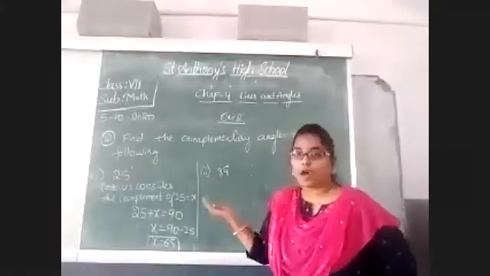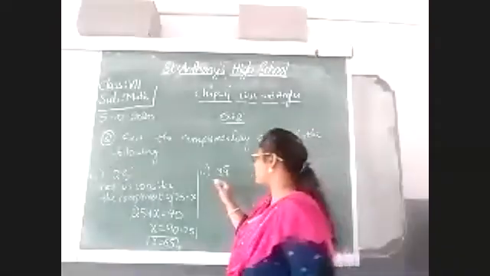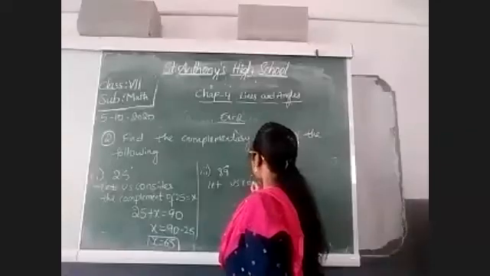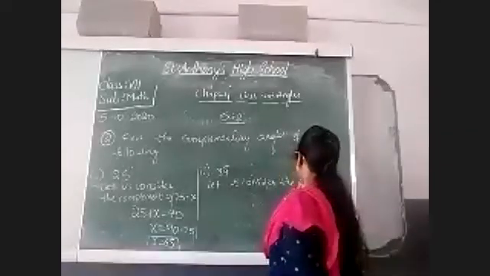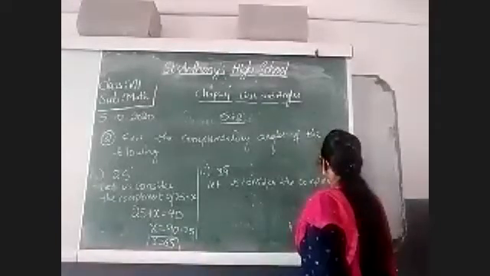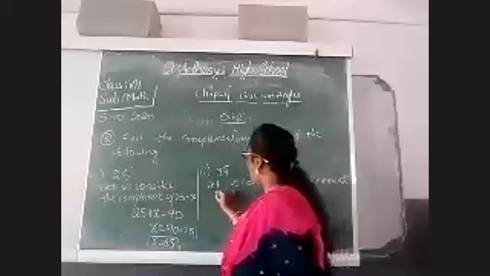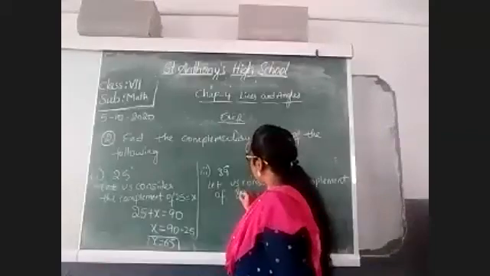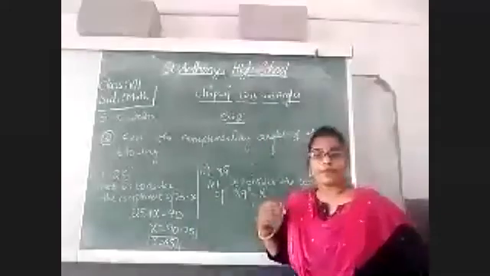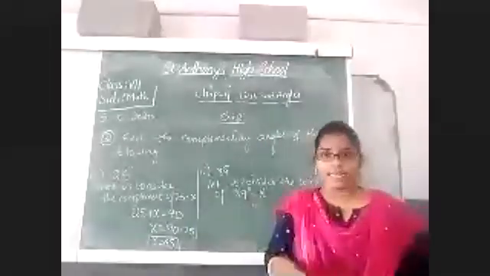Now next, in a similar way, 89 degrees. What is the complement of 89? First we don't know, so let us consider a variable. Let the complement of 89 degrees equal x. We don't know the complement of 89, we consider it as x. Clear?